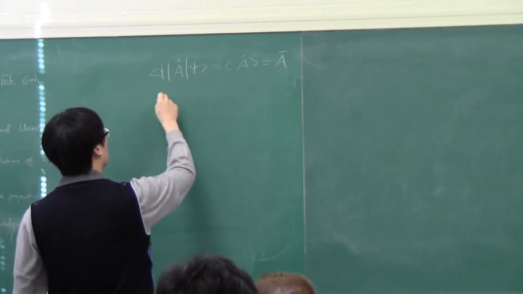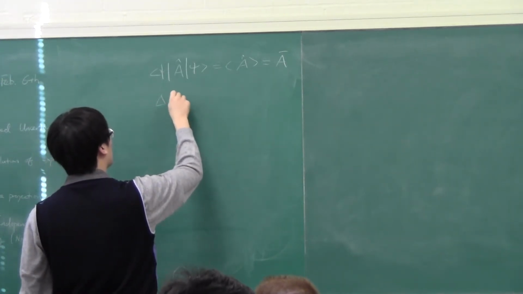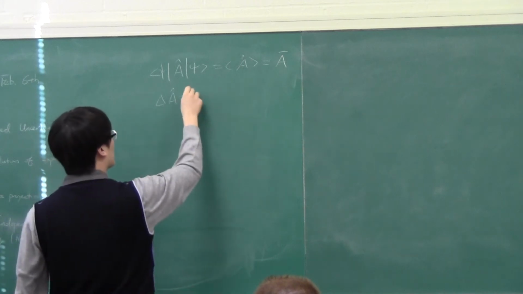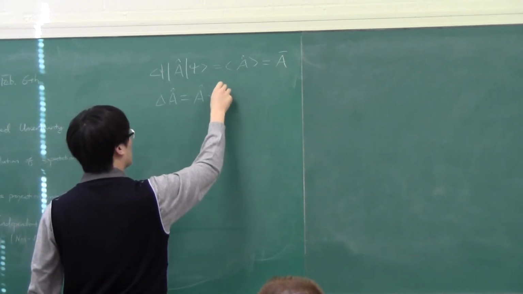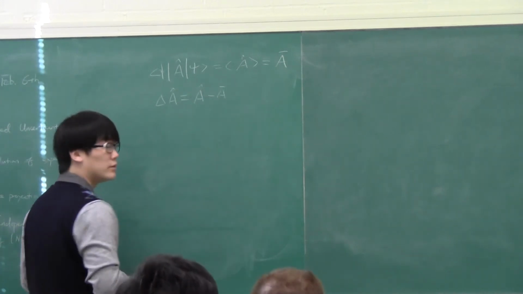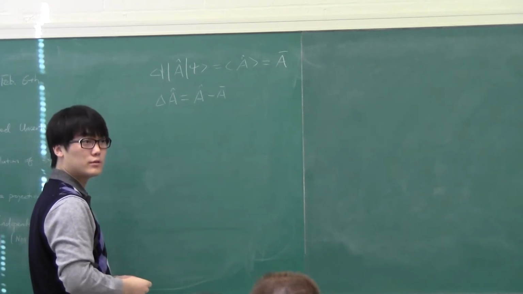So now we can define a new operator denoted by delta A, which is we subtract the average of this operator from it.